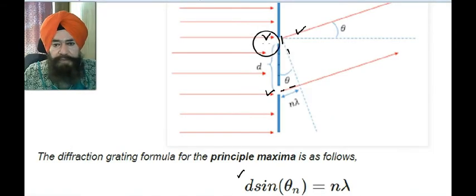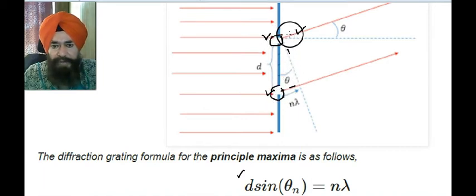So now here I'm having a double slit. Like this is an opening, this is an opening. The wavelet is going from here to the screen. The wavelet is going from here to the screen. The difference between this path and this path is this one.